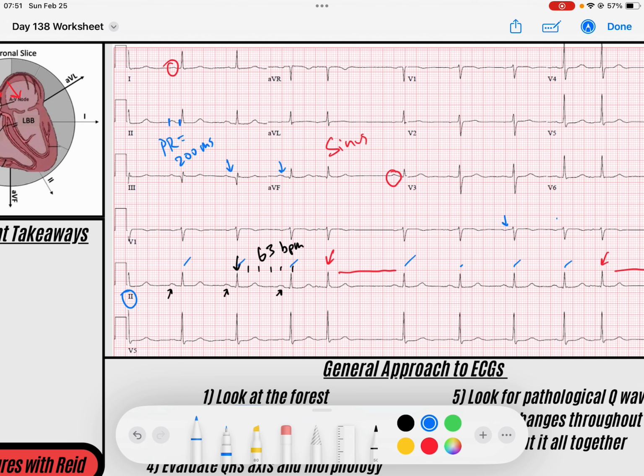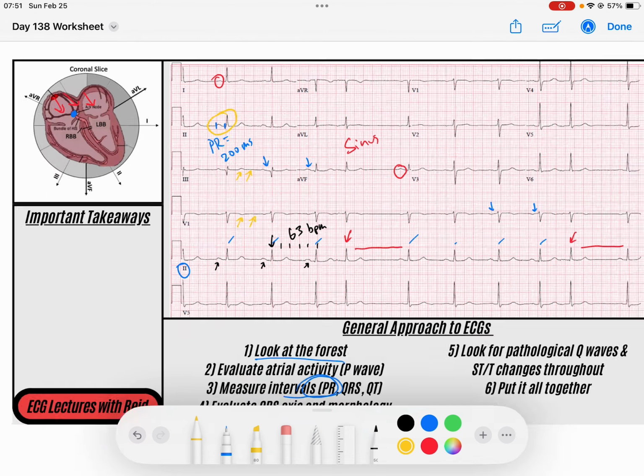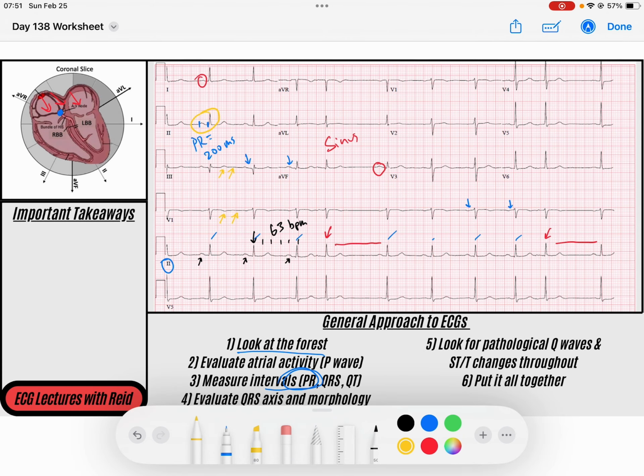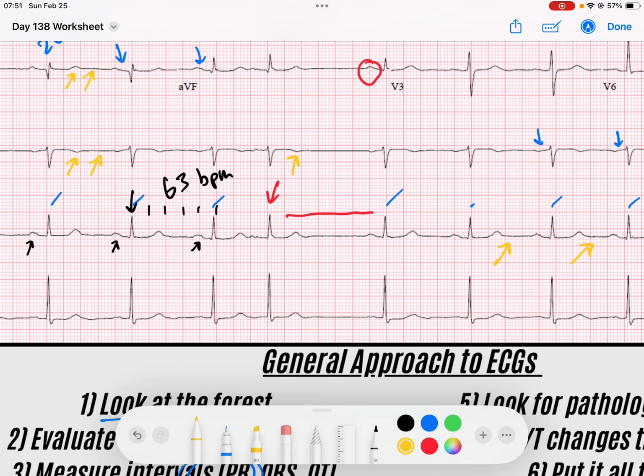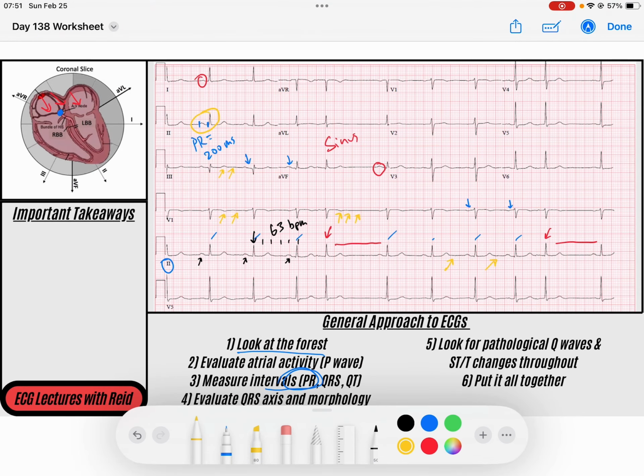My PR interval stays the same, and I don't see any P waves throughout that don't have QRS complexes. That's important. Just because this PR interval is normal doesn't mean that every P wave conducts to a QRS. So you gotta scan all the way through and make sure these pauses don't have P waves that aren't being conducted, because that could explain your pause. You need to have an approach to these pauses that is integrated into your general approach to ECGs.